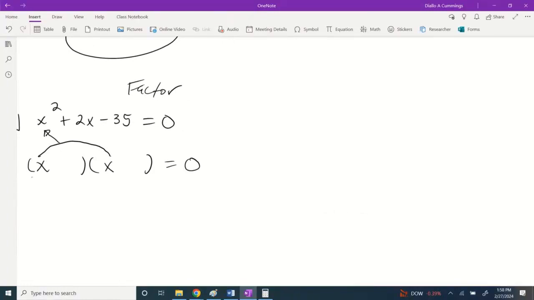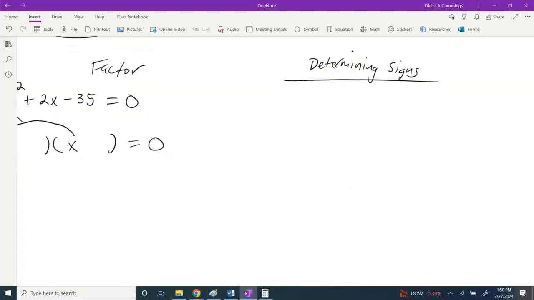The next thing you have to do is determine the signs. So here is the setup. You have x squared plus bx plus c.